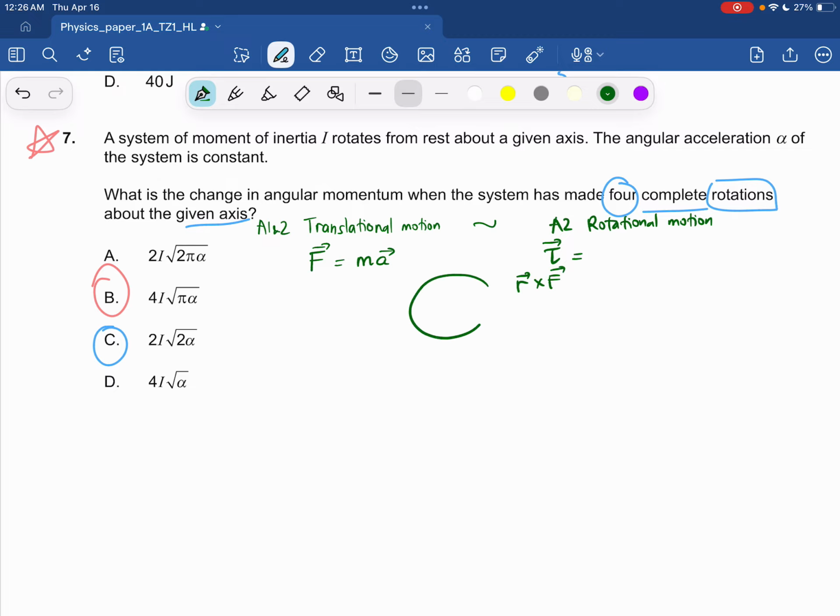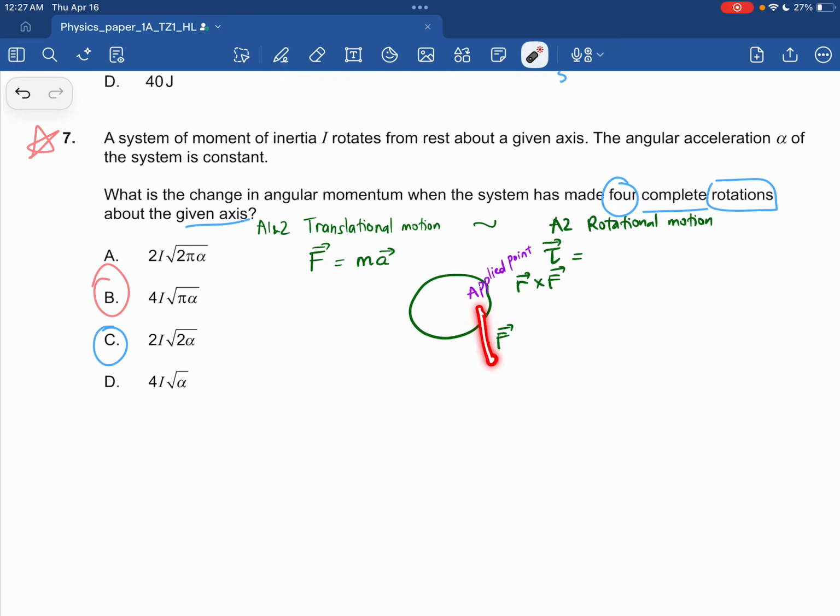So for example, if you have any irregular shape that is rotating, you apply a force somewhere here. This is the applied point A, which is where the force is acting on the object and makes it rotate.